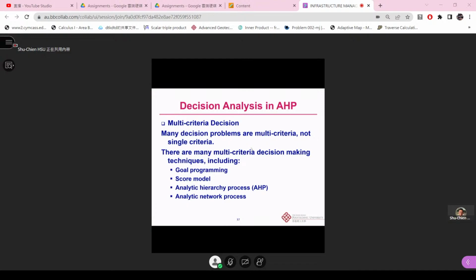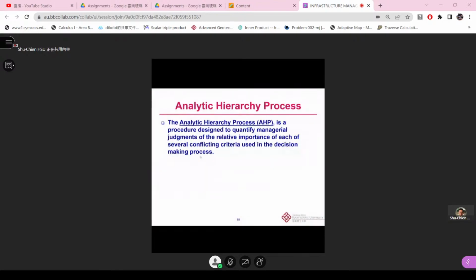Will you make a decision based on that? Probably not, right? So only considering the price, only the cost or monetary value, is probably not the way we can really make most decisions in the real world. All right, so that's why we are going to talk about the analytic hierarchy process.